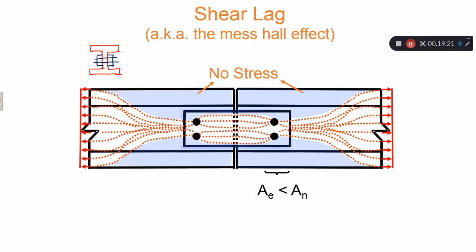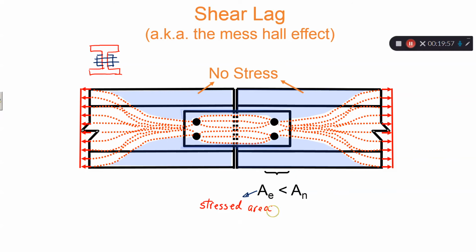The blue shaded area is not stressed at all, meanwhile the area closer to the connections is overstressed. So the effective area A_e gives you the actual stressed area.